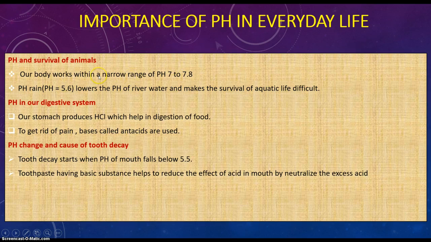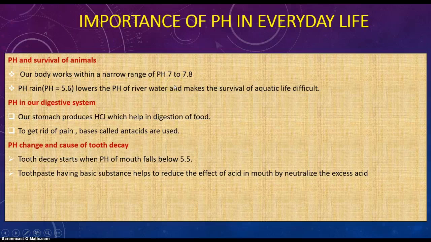Now we have often heard the term acid rain, right? Acid rain is rain that has a pH in the range of almost 5.6. When acid rain occurs, the rain water mixes with the river water, and the pH of the river water would fall down.